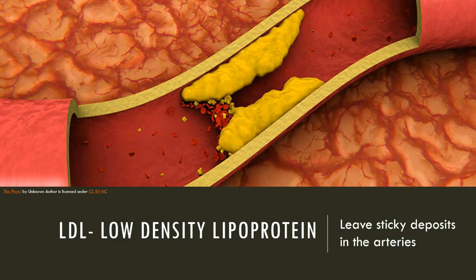If you could visualize, say, a ball of fat traveling through the artery with the LDL, or the bad cholesterol, as it's traveling through the artery, it is shedding pieces of fat or plaque in your arteries and it's collecting on the artery wall. If this happens enough, this plaque will build up and become too small of an opening for the blood to flow through, or completely close, which could cause a heart attack or a stroke.